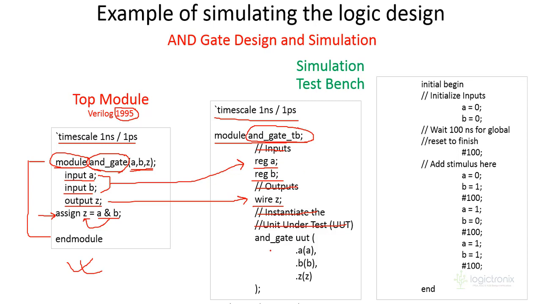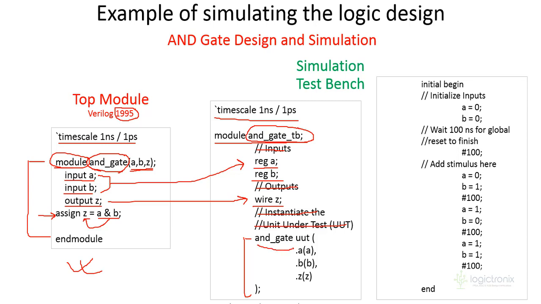Another section is the UUT section, unit under test, where we call our top module. If we want to connect two different modules, they have to have connection points. So this is the main connection line. In this section we have the UUT.